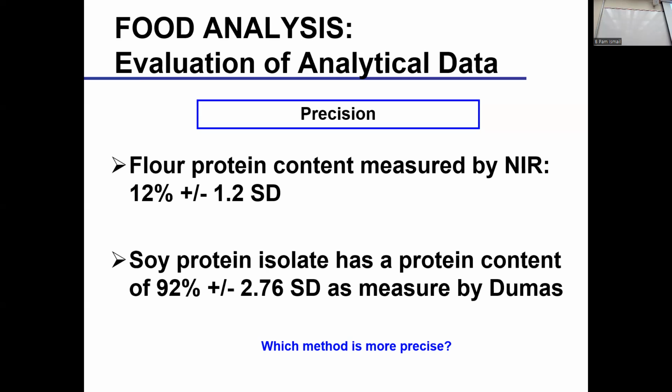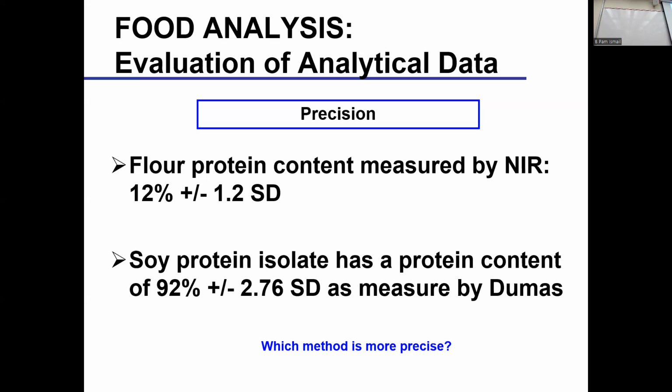Wheat flour in general has anywhere between 9 to 15% protein. Soy protein isolate is really above 90% protein, so it's really high protein. So the measurements are really different. I measured the flour by NIR and I got 12%, and I calculated the standard deviation, and it was 1.2.